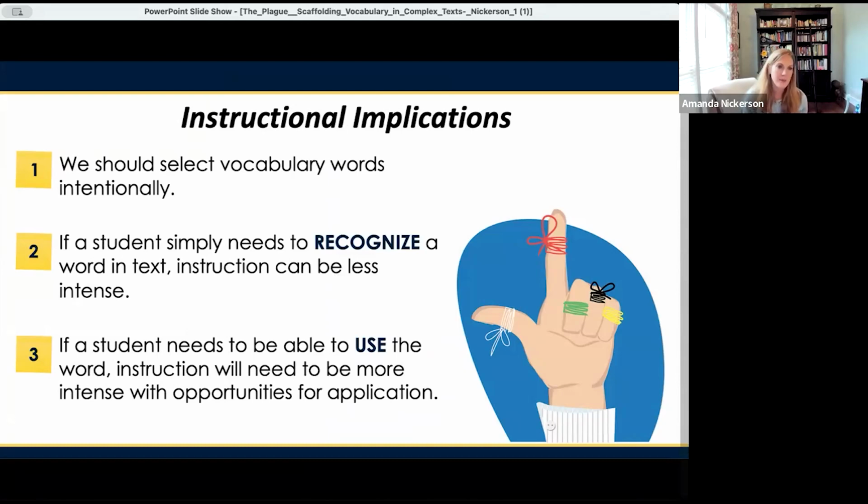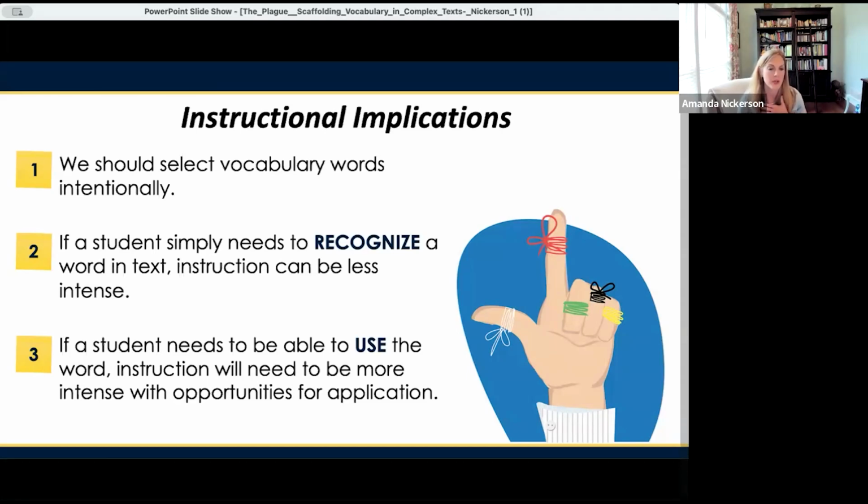And we need to think about, as you think about all these routines and the multiple exposures that we've just kind of gone through, we need some discernment as educators to determine when a student simply needs to recognize a word in text to know what it is, or when it's concrete enough that I can give it a light touch, and when a word really needs to be known and needs to be known at deep levels and in its relationships with other words and concepts.